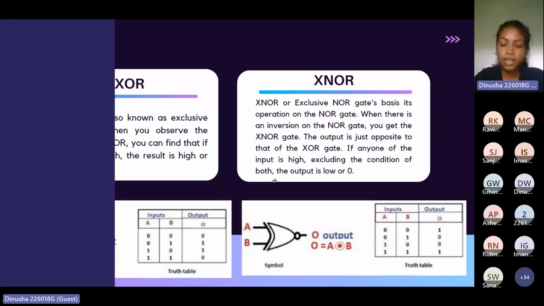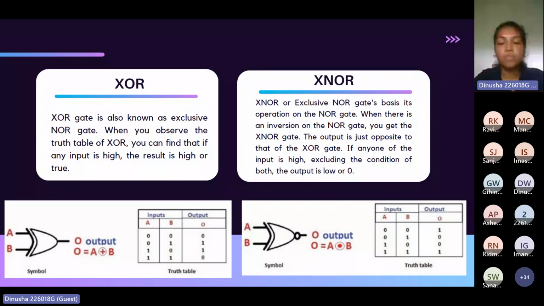In here, why are we using these universal gates instead of other gates? We can make any other gates from the universal gates. So when we are making a circuit, it helps to reduce the complexity of the circuit.